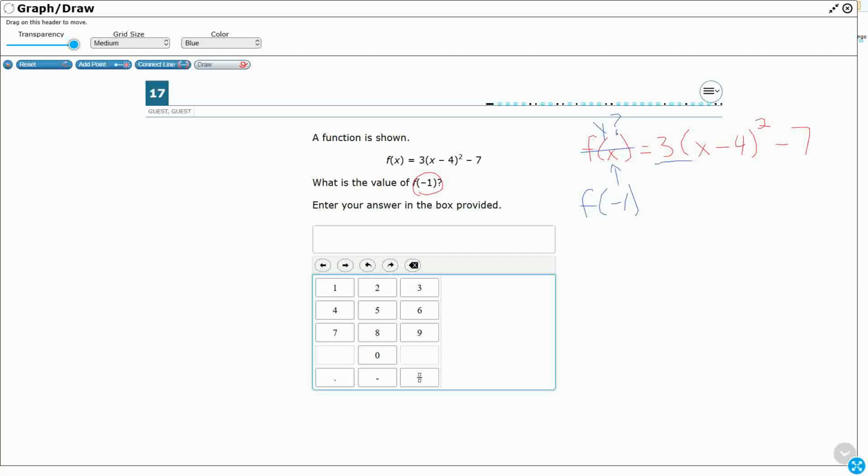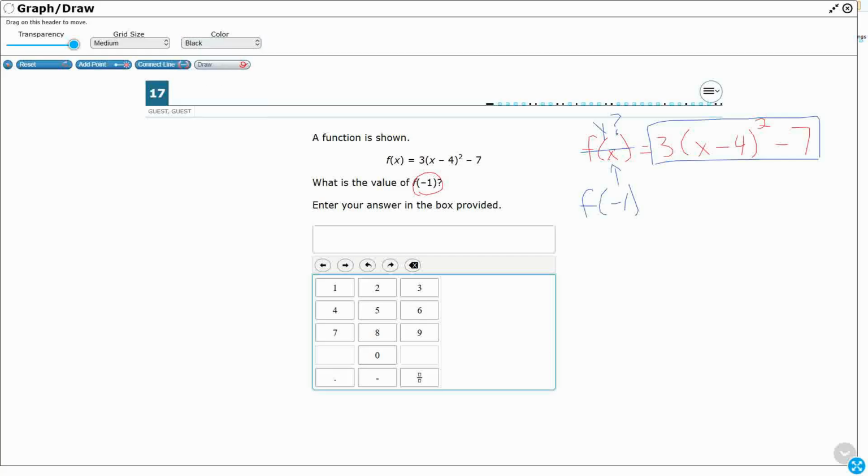What we have here is just the equation that we could use if we wanted to evaluate any value for x, but when we want to get specifically into one value of x, we will show it like this, f of negative 1, and then that negative 1 is going to replace the x. And so all we need to do is plug that in and put it where the x is.